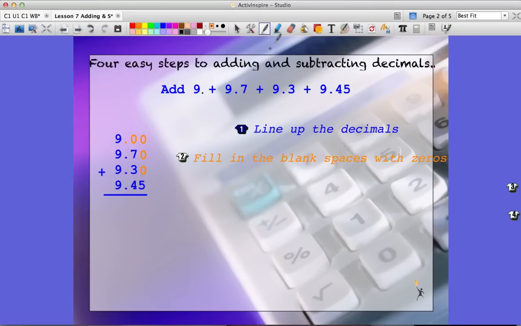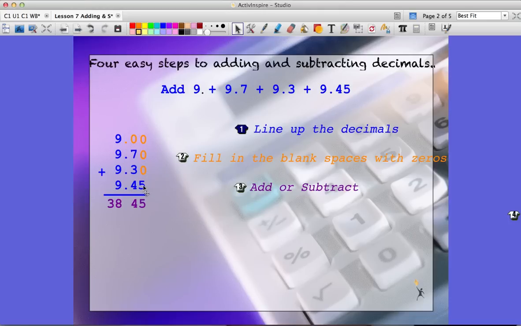Now, step 3 is a really tough one, so pay attention. You have to add or subtract. The reason I say add or subtract is because the directions for adding and subtracting decimals is the same. It just depends on which operation you're using. In this case, we're using addition. So now we're going to add.